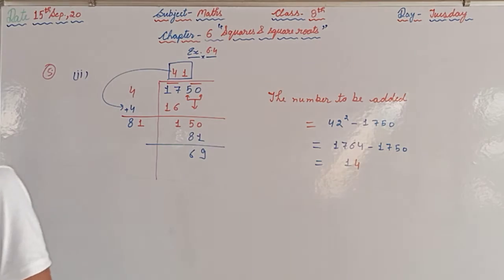The 14 is the number which must be added to this number to be a perfect square.